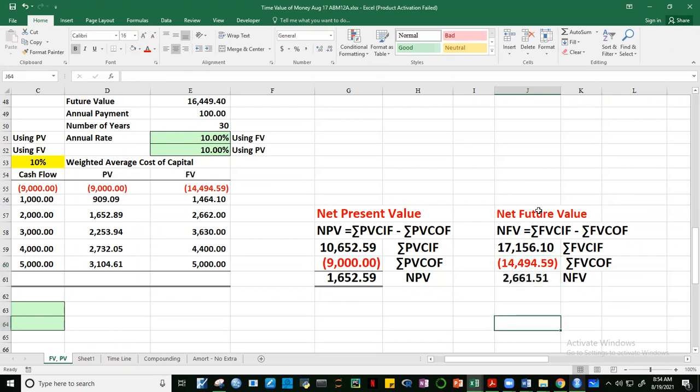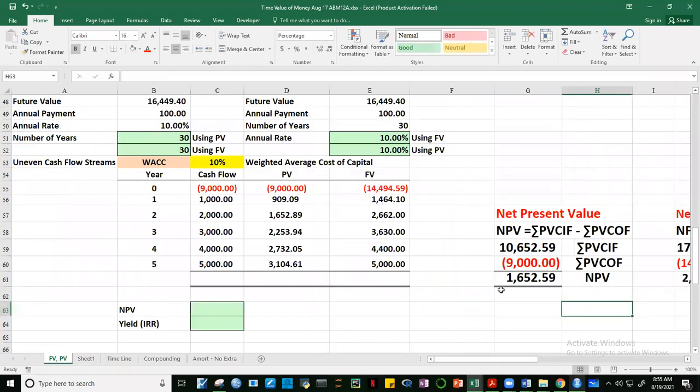Okay, so what am I saying here, guys? I'm introducing the concept of net present value or net future value. Mas ginagamit, guys, yung net present value. Madalang na ginagamit yung net future value. But you also get the same answer, whether you look at it from the future value or the present value. Here we're saying that the project is okay. If we add all the present values of your cash inflows and compare it with the present value of your cash outflows, we get a net positive.